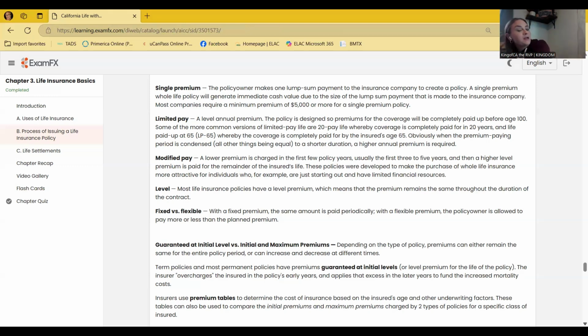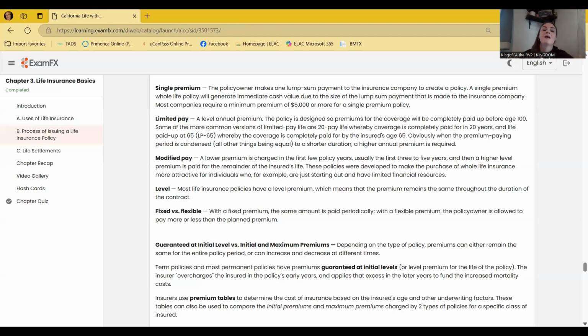Limited pay, a level annual premium, right? This is what limited pay is. This policy is designed so that premiums for this coverage will be completely paid up before age 100. We are going to talk about limited pay later on, so I'm not going to get too far into it.